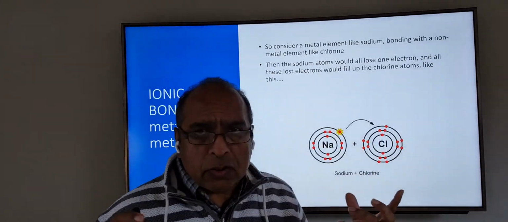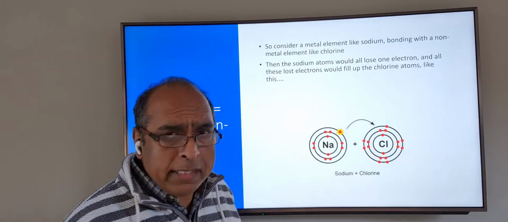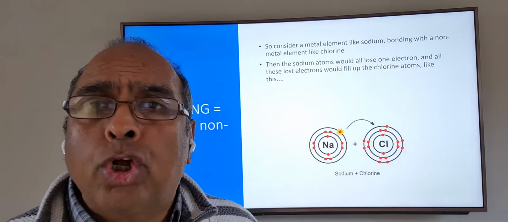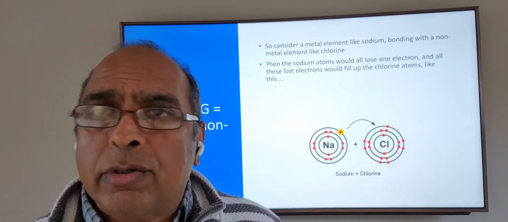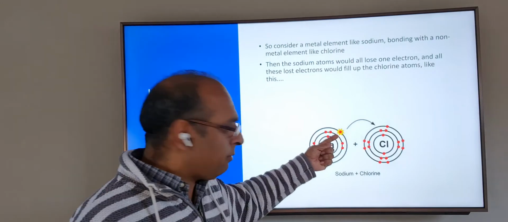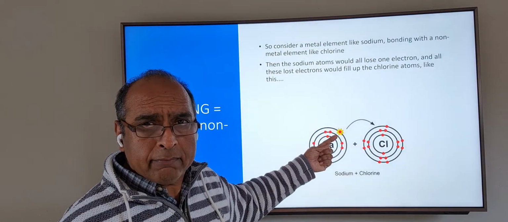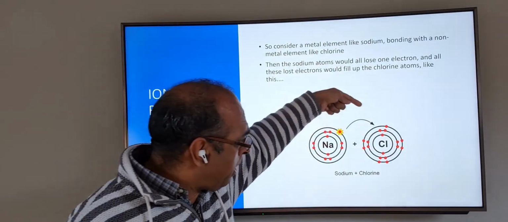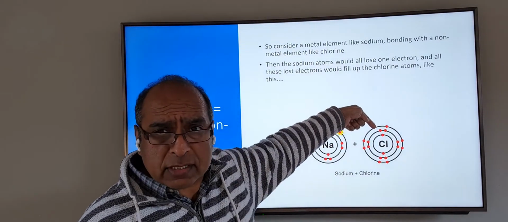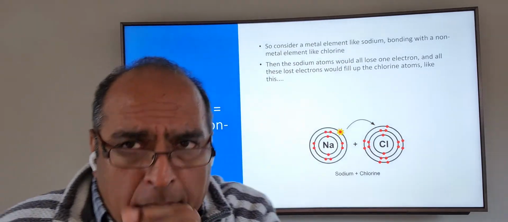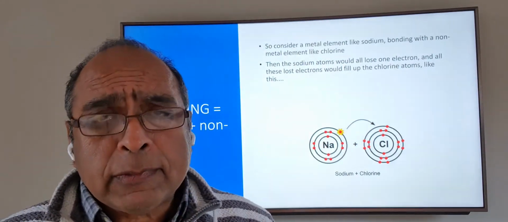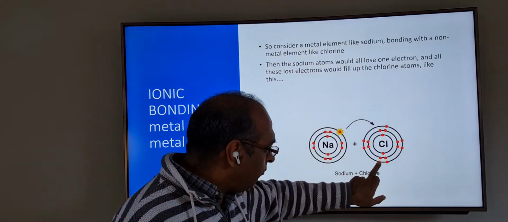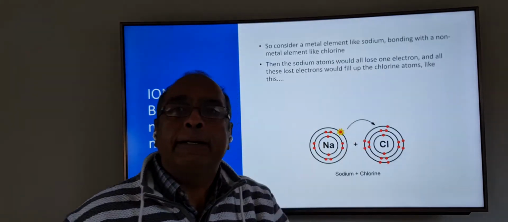What's going to happen is the metal sodium loses electrons. The non-metal chlorine will gain the electrons that the sodium loses. So if that starred electron were to transfer onto the chlorine's outermost level, then chlorine will have 2, 8, 8.